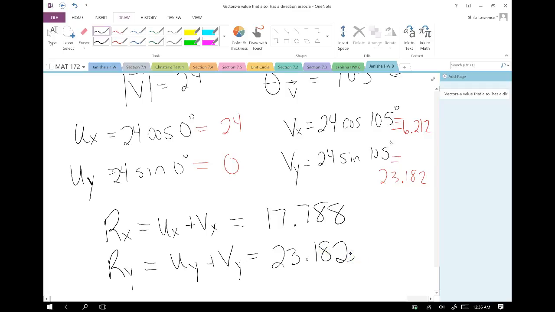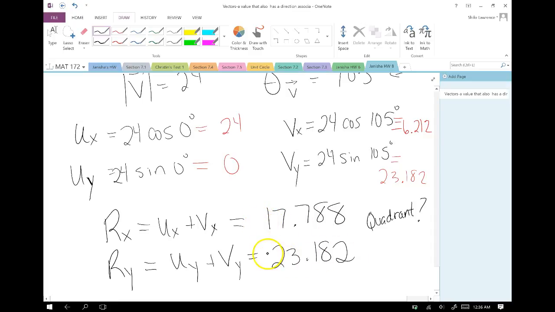These are components for the answer. Look at the signs of those numbers and take a guess at what quadrant you think the answer is going to be in, based on whether those are positive or negative. Your x is positive.